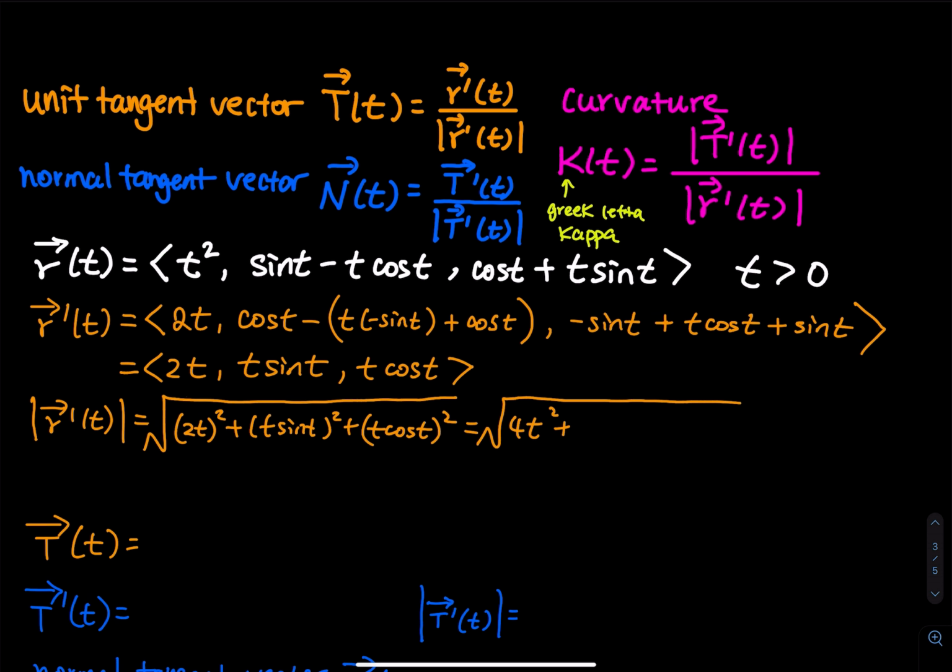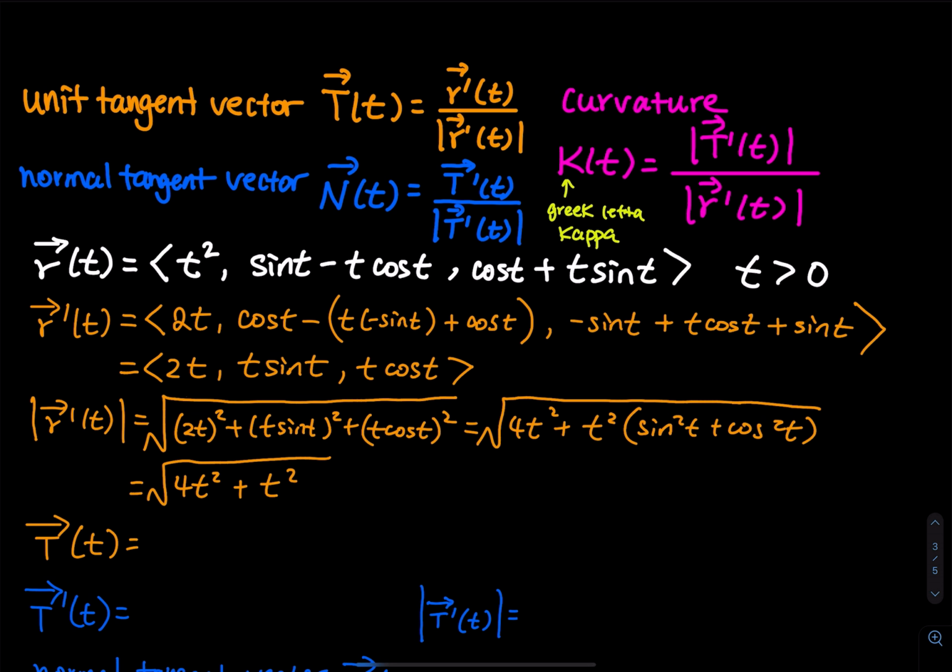The next two terms both have a t squared, so I factor out a t squared, and sine squared of t plus cosine squared of t equals 1. So this equals the square root of 4t squared plus t squared times 1, and that is 5t squared.